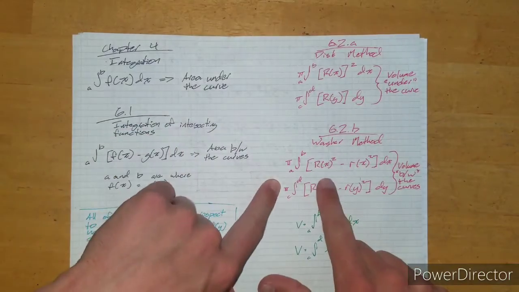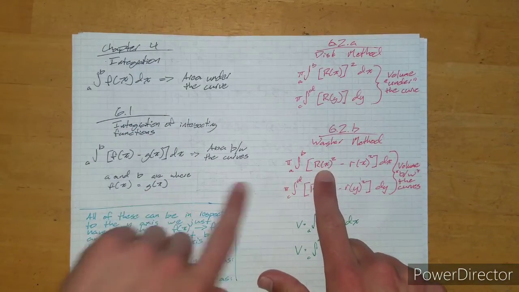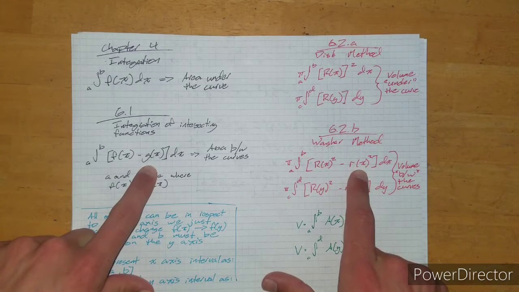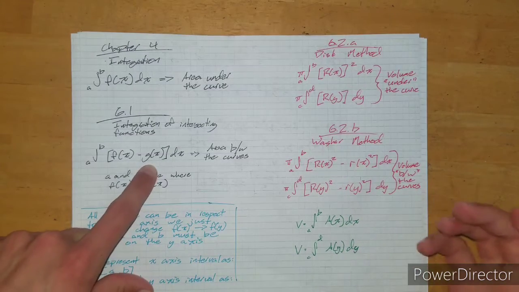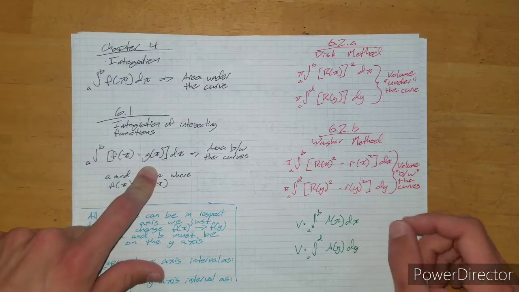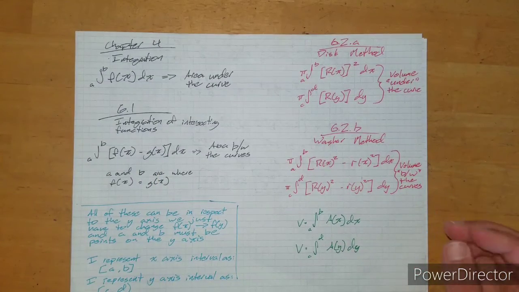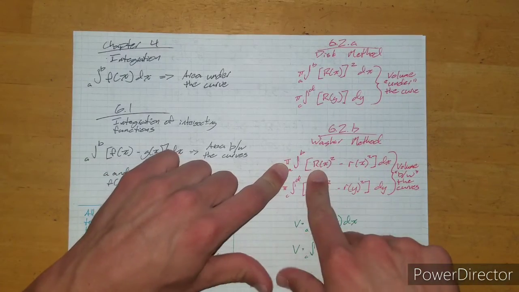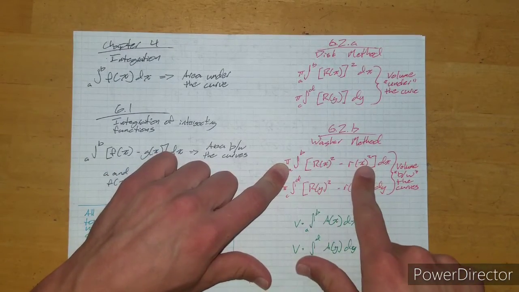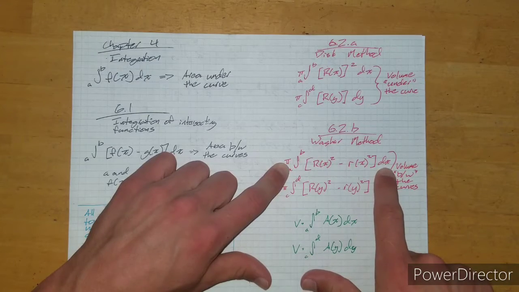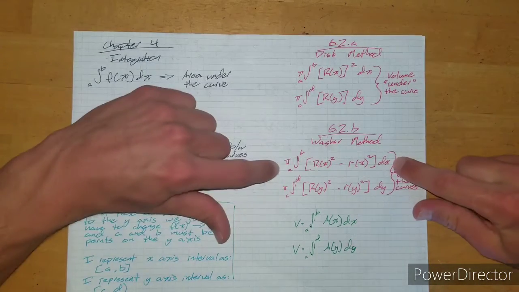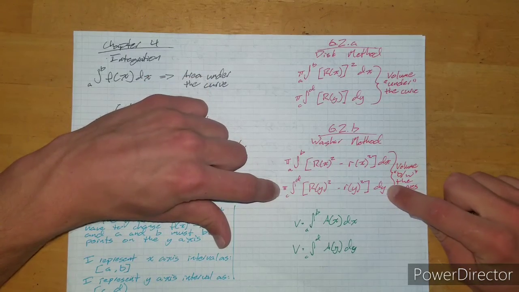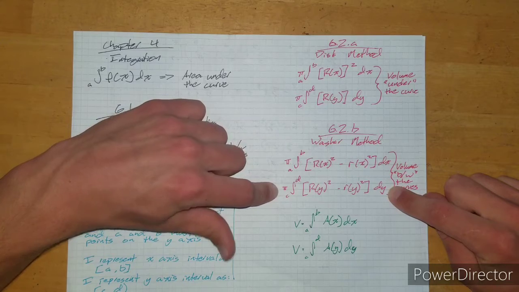So we are going to take f of x like we did here and subtract it from g of x, but we have to apply it to the spherical volume, the equation for finding the volume of a sphere, just like we did up here. So we have pi, and we're doing r squared, and then we're doing it times the depth. And this is in terms of x when we're rotating around the x-axis, and this is in terms of y when we're rotating around the y-axis.